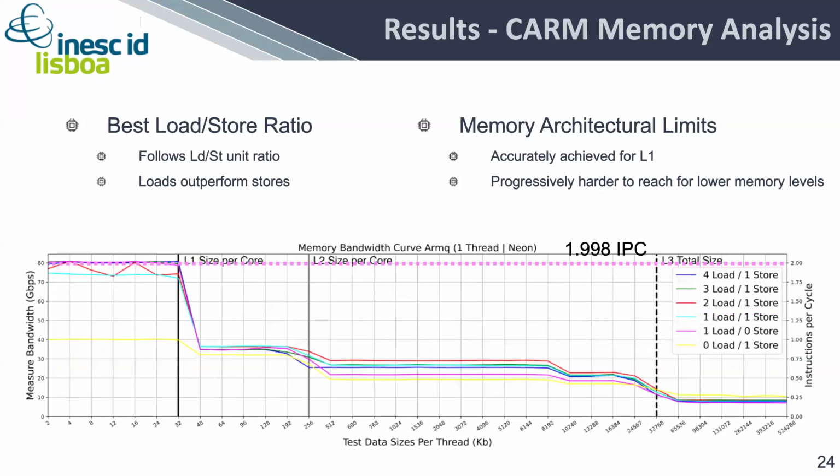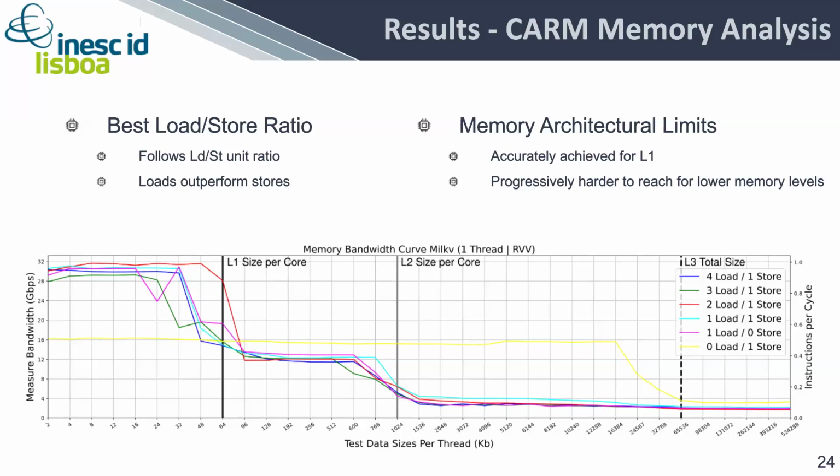Then in the ARM-Q machine, we also reach the expected limit of 2 instructions per cycle, and we can also see that only one of the units is capable of performing stores, since we only reach 1 instruction per cycle in the store-only tests. Finally, in Milk5, we reach the expected 1 instruction per cycle, while in the store-only tests, we can observe some unusual behavior, where we maintain 0.5 instructions per cycle until about 16,000 kilobytes.